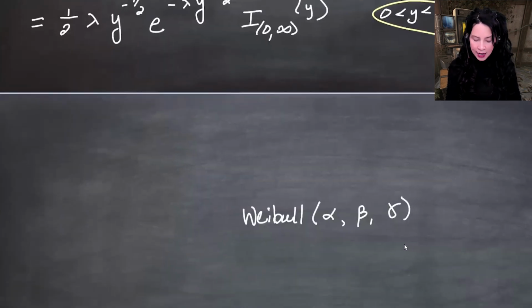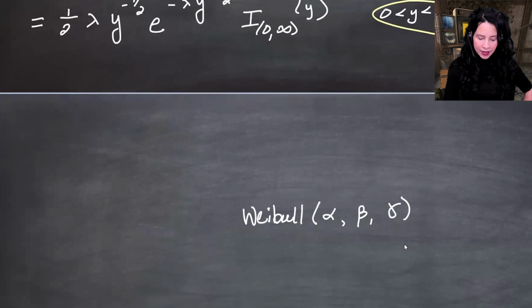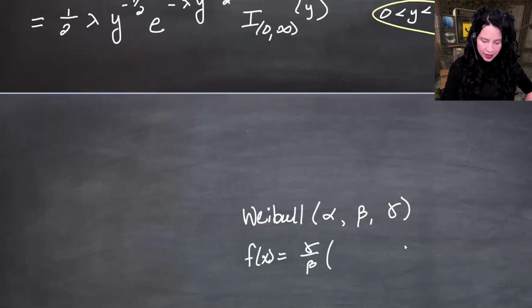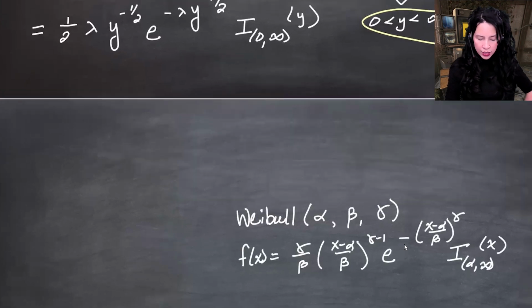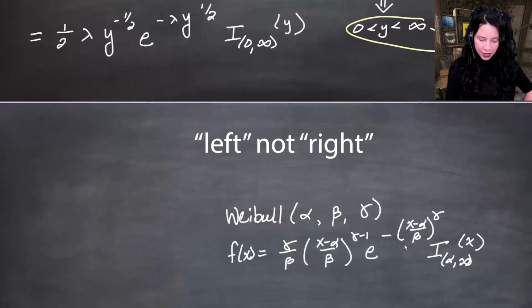So this is not a standard, but if I write this, I mean the thing in the table, which is f of x equals gamma over beta, x minus alpha over beta to the gamma minus 1, e to the minus x minus alpha over beta to the gamma, and an indicator from alpha to infinity of x.